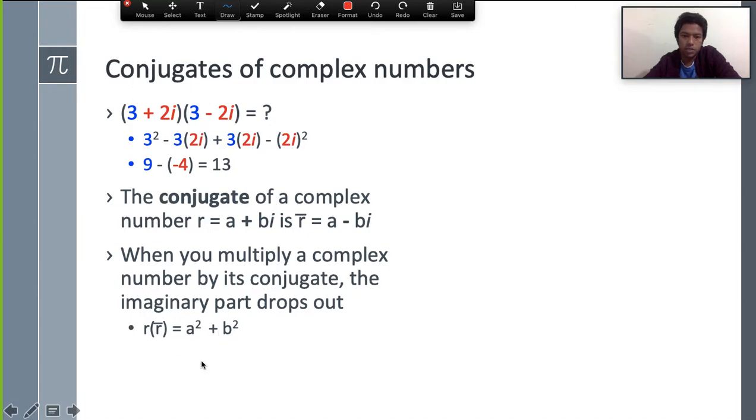Once you know this, you can use it from here. If you have 3 plus 2i and 3 minus 2i, the answer will be 3 square plus 2 square, which equals 13, because 3 square means 9, 2 square means 4. So without doing all these steps, you can just work with 3 and 2 if you understand that they are complex conjugates. So for the complex conjugate, we can use this relation to find out what the solution will be if we multiply.